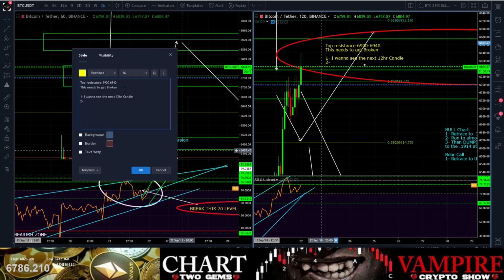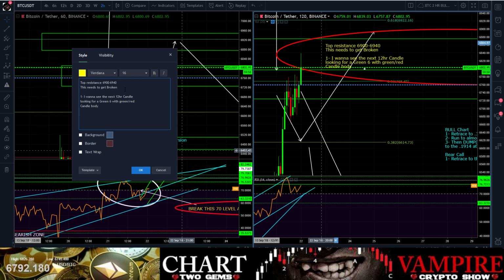Okay, two, looking for a green 6 with green candle, green or red candle body. Okay, number 2 is the 2-hour chart. Still says bullish.